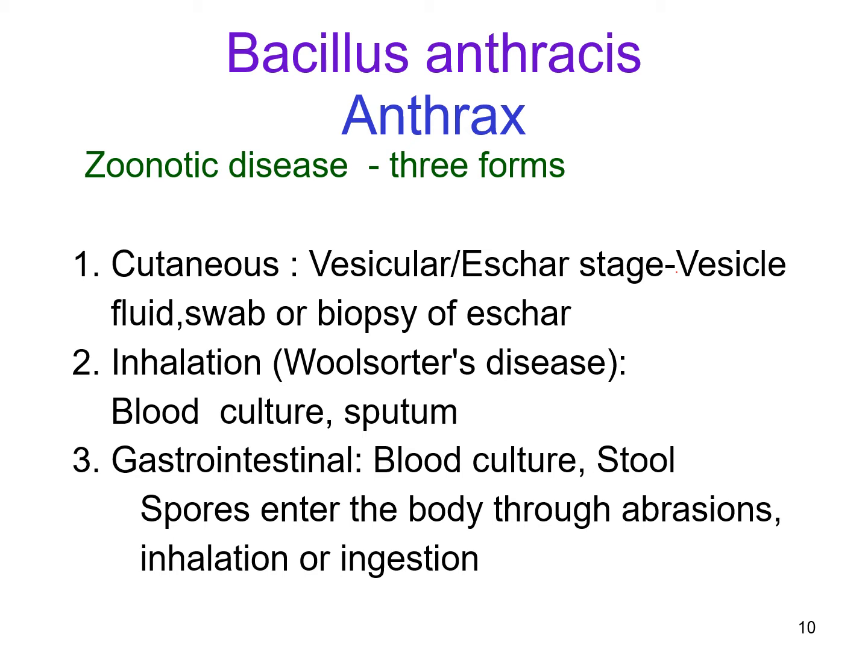Bacillus anthracis can be easily and inexpensively cultivated and has been demonstrated to cause disease through various routes, including the respiratory tract, GI tract, and through abraded skin. Because Bacillus anthracis can also produce spores, the organism can survive very harsh conditions and remains infectious. So remember, Bacillus anthracis is a zoonotic disease that can exist in three forms: cutaneous, inhalation, and gastrointestinal.